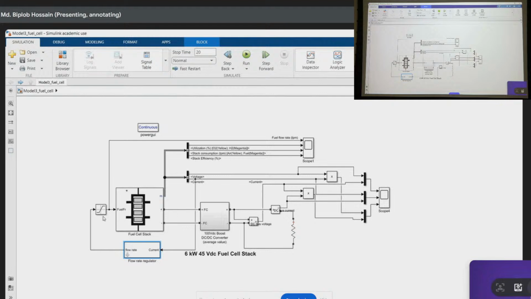These things ensure that your fuel cell operates at that particular value. So that's all, sir, from my side.